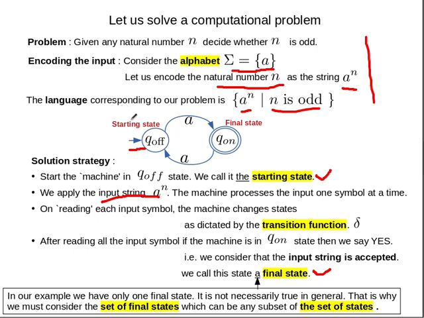But there can be more than one final state. So in general, it is not necessarily true that we have only one final state. There can be more than one, so we should consider a set of final states. Here the set of final states is just this singleton set consisting of just this state, right?